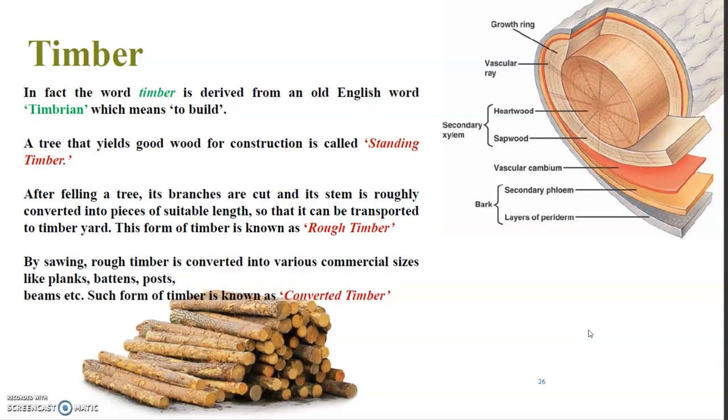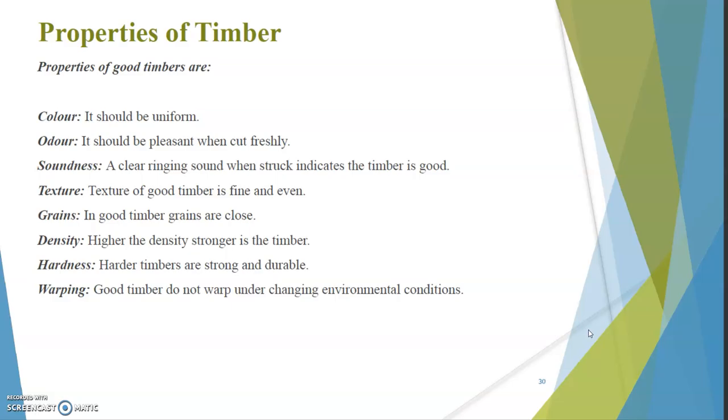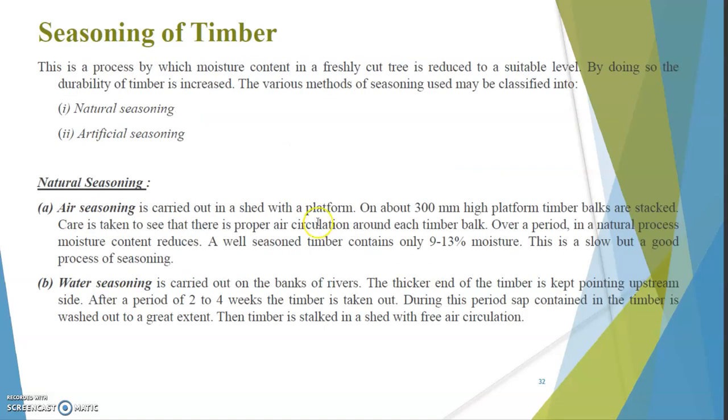So to avoid that deterioration, and to let the timber be subjected to various engineering processes, we need to reduce the moisture content inside the timber. That moisture reducing process is called seasoning.